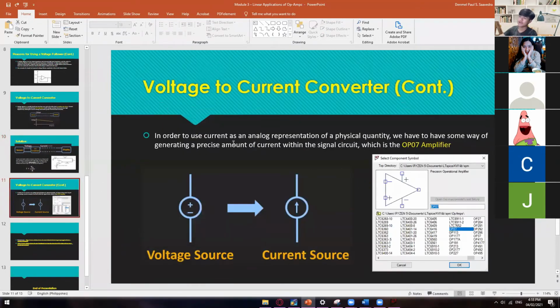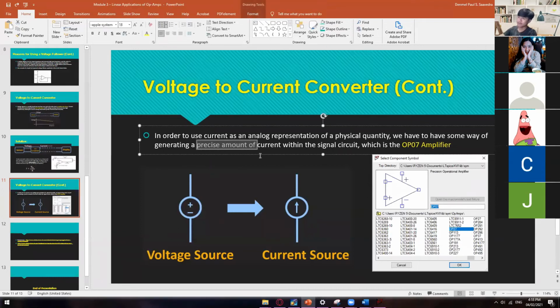In order to use current as an analog representation of a physical quantity, we have to have some way of generating a precise amount of current. There are a lot of op-amps with their own specifications and purposes, but we have this certain amplifier that is specifically made for a voltage to current converter, which must have a precise amount of current within the signal circuit.